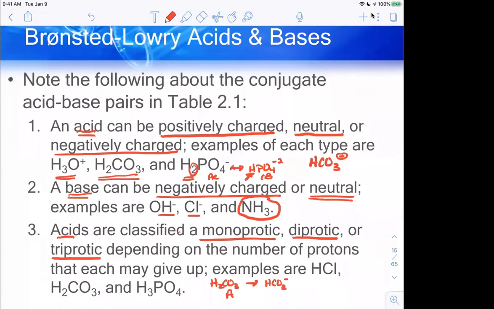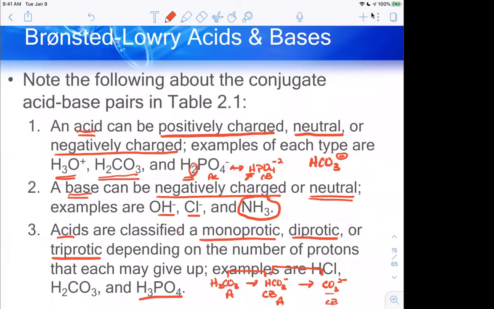This is an acid conjugate base pair. This is now an acid, and when it loses a hydrogen, it becomes CO3 2-, which is the conjugate base for that. So this is a pair, and this is a pair. H2CO3 and CO3 2- are not a conjugate acid-base pair because I can only have a difference of 1 proton.